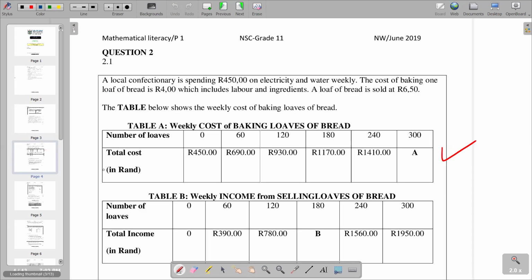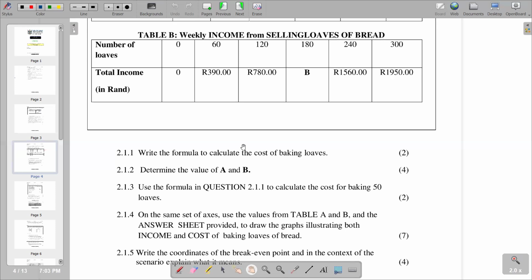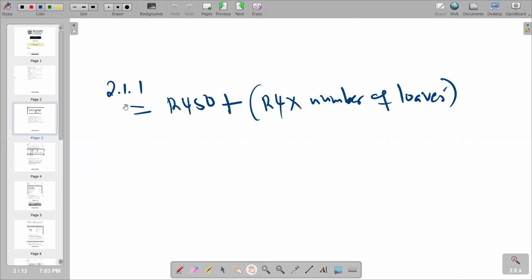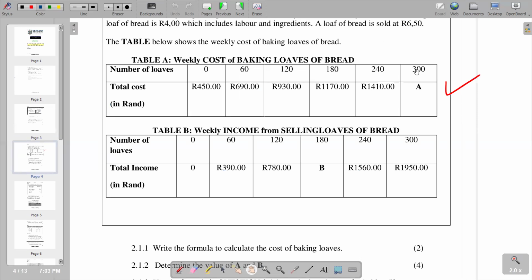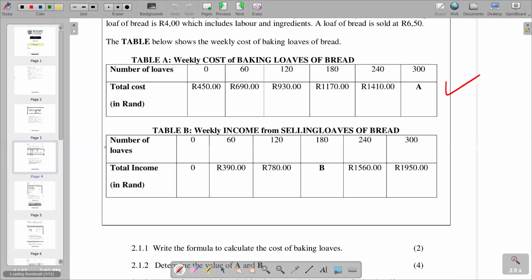We go to the next part, which is now 2.1.2, determine the value of A and B. So the value of A is the cost of baking bread. We know that this is our formula. So to find A when we are baking 300 loaves, it's now simple. We say 450 rands, which is the fixed cost, plus in brackets, 4 rand times the number of loaves, of which the number of loaves at A we're given as 300.